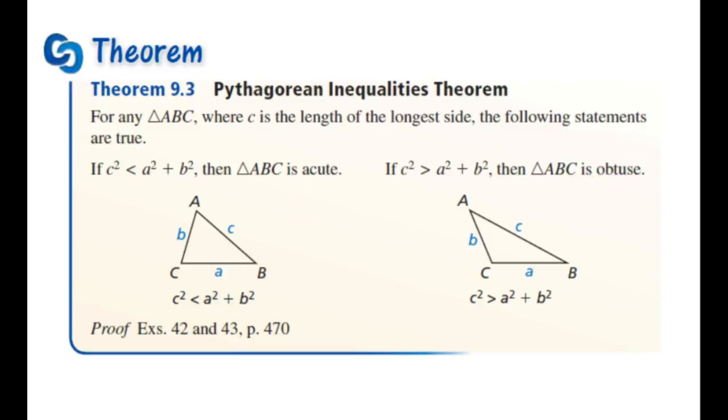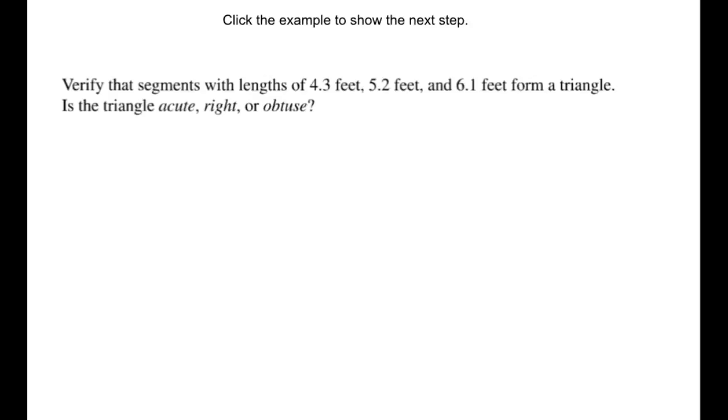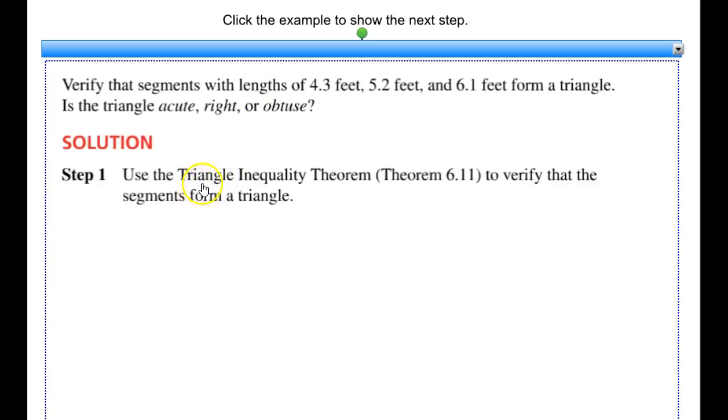So let's look at this in action. The first thing we want to do is verify that the segments with these lengths form a triangle. And that's often what we have to do first: do we even have a triangle, or will my sides not make a triangle? Then I have to figure out, is it acute, right, or obtuse? So I want to use my triangle inequality theorem to verify that they form a triangle.